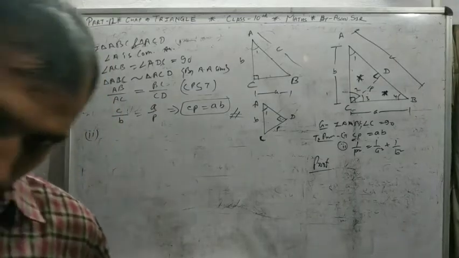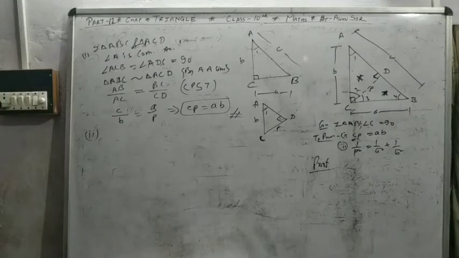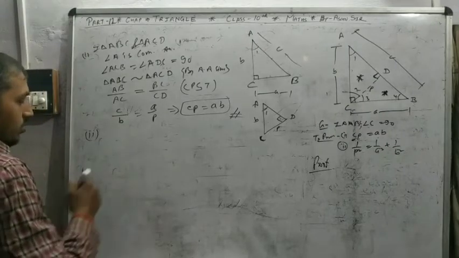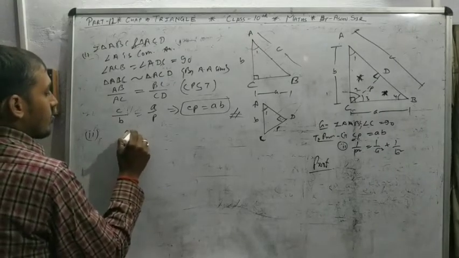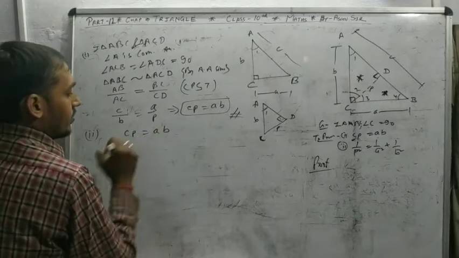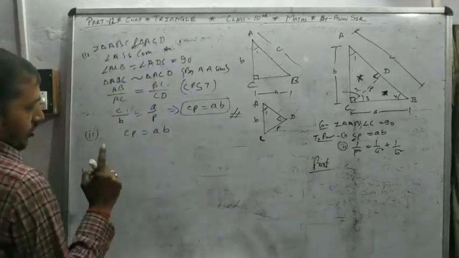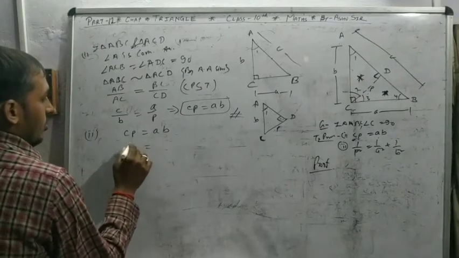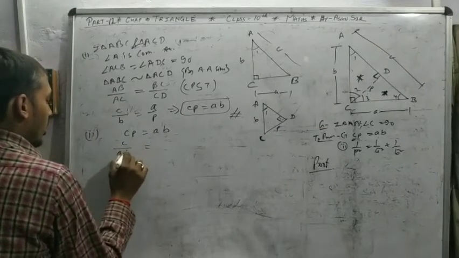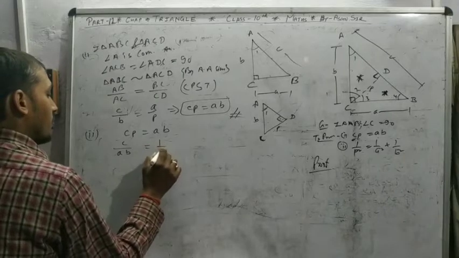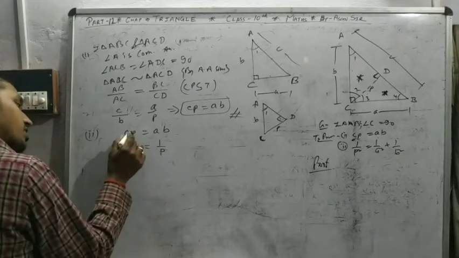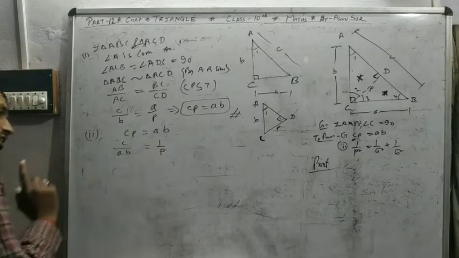Let's see the second part. Very easy. Take the first part. We want P in the denominator form. So C upon AB and 1 upon P means P sent to the other side and AB sent to the other side.